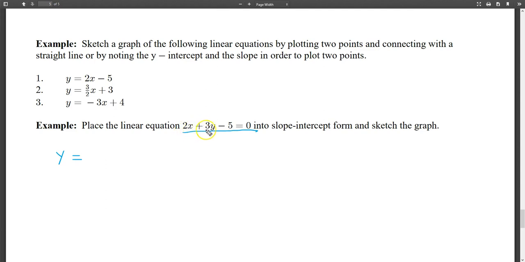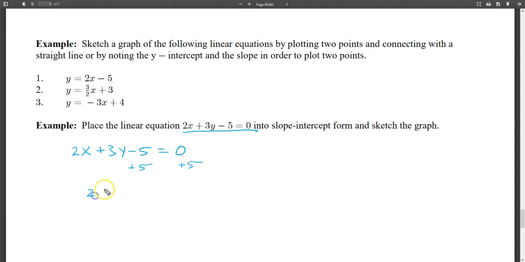So we have to move the 2x and the -5 over to the other side. So let's do that. So if we start out with, now to move the 5 over to the other side, we can move this -5 over, but then it will become +5, right? That's the same as adding 5 to both sides.